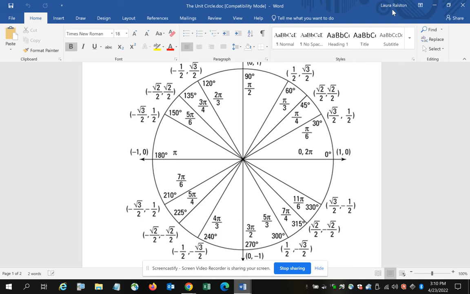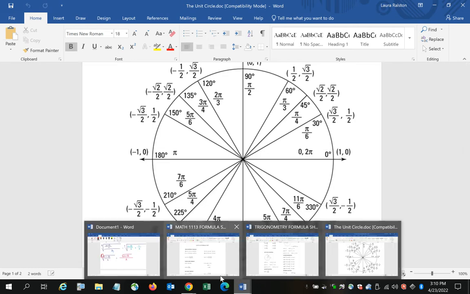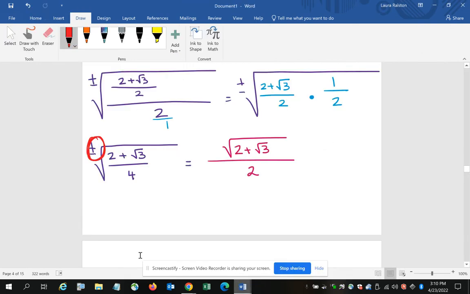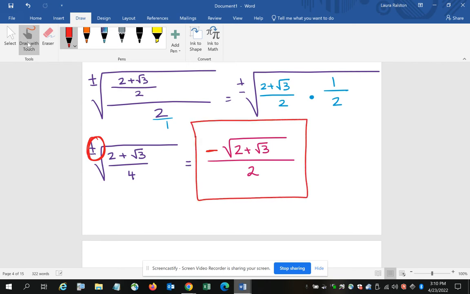In quadrant 2, the cosine is negative for whatever angle you have. In quadrant 2, the cosine is negative. So ultimately, my answer here has to be the negative square root of 2 plus square root 3 all over 2. It's messy, but this is the answer.